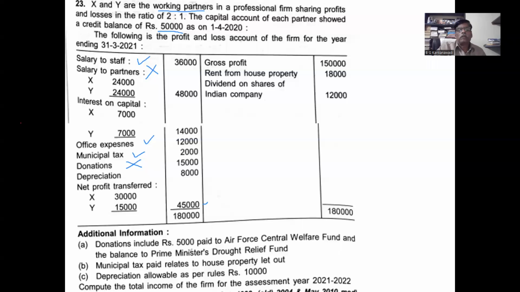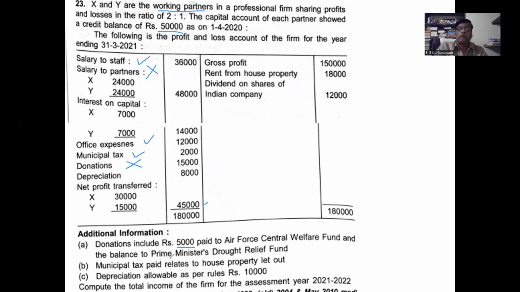Then go to the adjustments. Donation of rupees 5,000 paid to the Air Force Central Fund is a donation, which you consider while calculating deduction under section 80G. Regarding 80G, 5,000 is a first category item, Air Force Central Welfare Fund, 100% deduction.